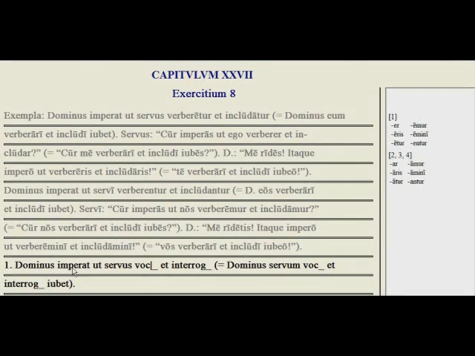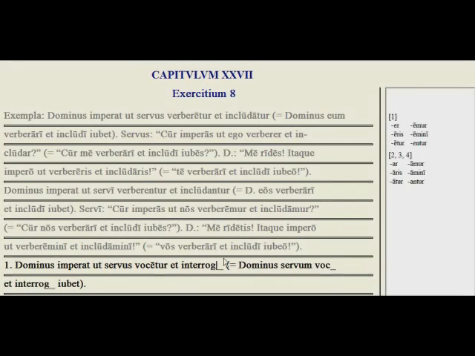Dominus imperat, the master commands that the slave, and here we want the subjunctive form. So instead of vocor, from vocari, we want vocer. Sorry, vocor, we need a third person, so vocetur.